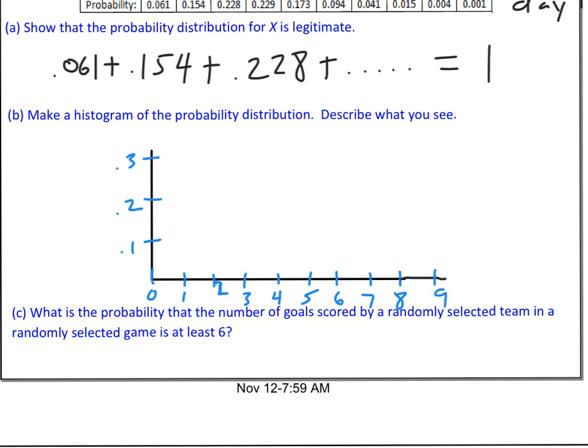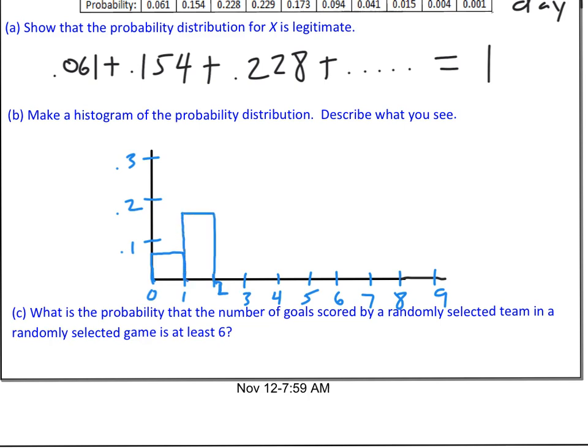And there we go. All right, so I'm going off of the left side, as I always do with a histogram, and I'm kind of estimating my heights. That needs to go up to about 0.06. This one is up to 0.154.